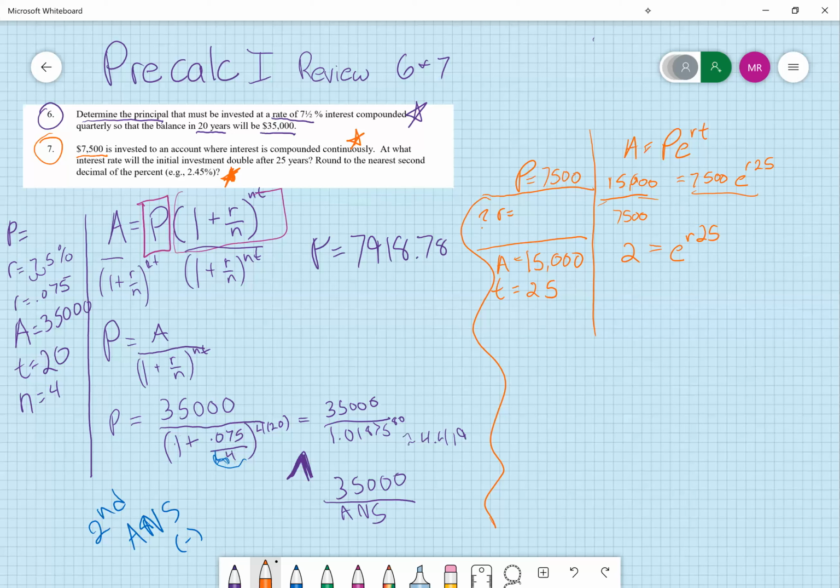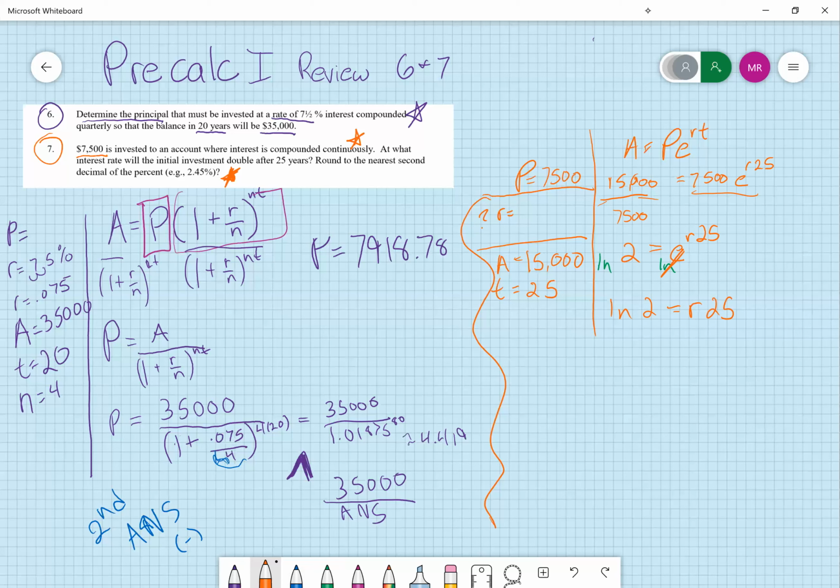At this point I can bring in the natural log of each side, which makes my life a little easier. I've got natural log of 2 equals R times 25, since those undo each other.